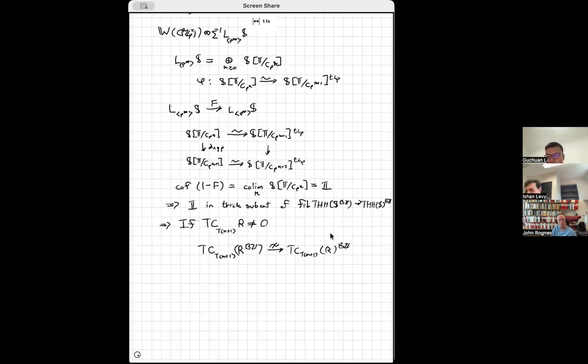If this is not zero, then this cannot be an isomorphism, because the fiber has this in its thick subcategory.